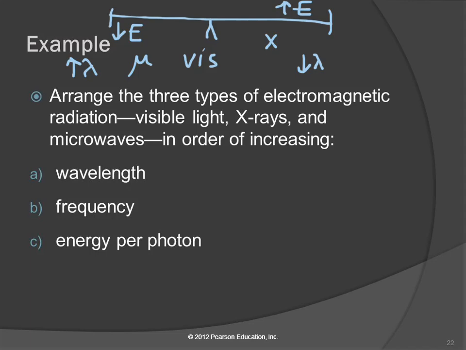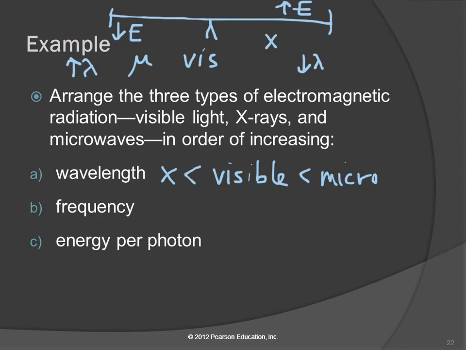So in terms of increasing wavelength, that's going from short to long. So it would be X-ray, visible, microwave, right? So X-ray to visible to microwave. So the microwave has greater wavelength, longer wavelength than visible, which is longer than X-ray.